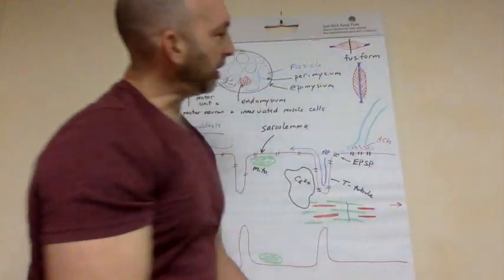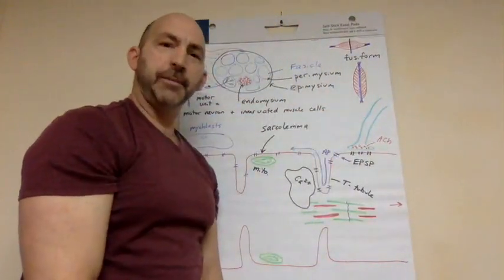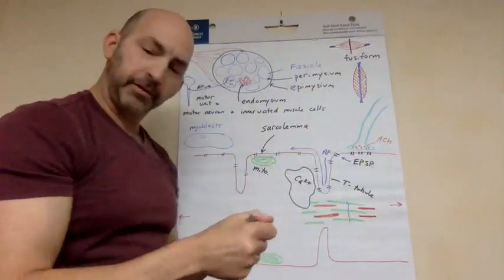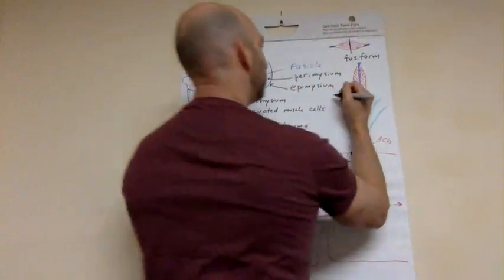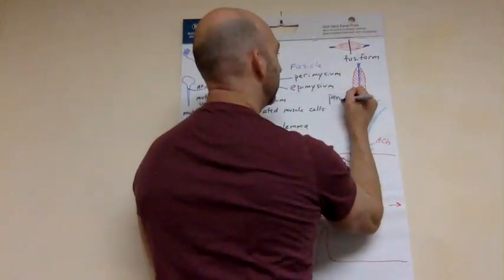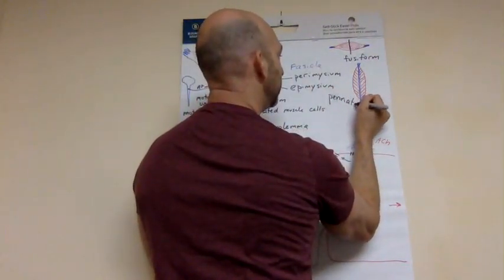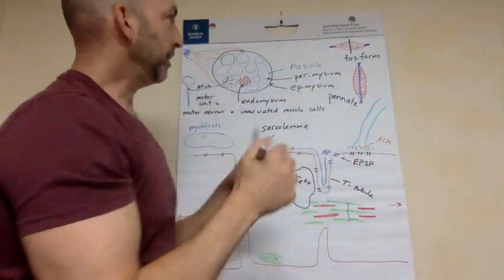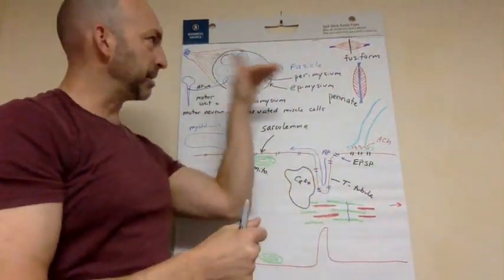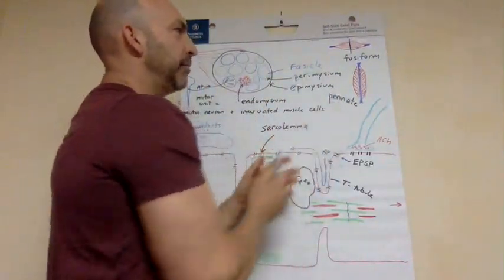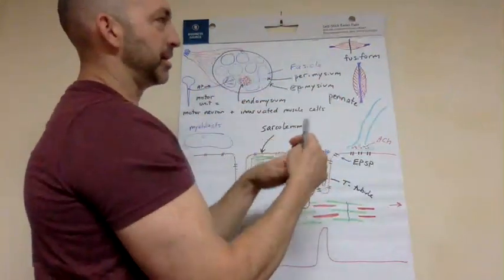And so if you think about it, it kind of looks like a feather, doesn't it? Well, the term for feather-like is pennate, P-E-N-N-A-T-E. So we have fusiform muscles where the muscle fibers are running parallel to the muscle itself, and pennate where they're running at an angle to the whole muscle.